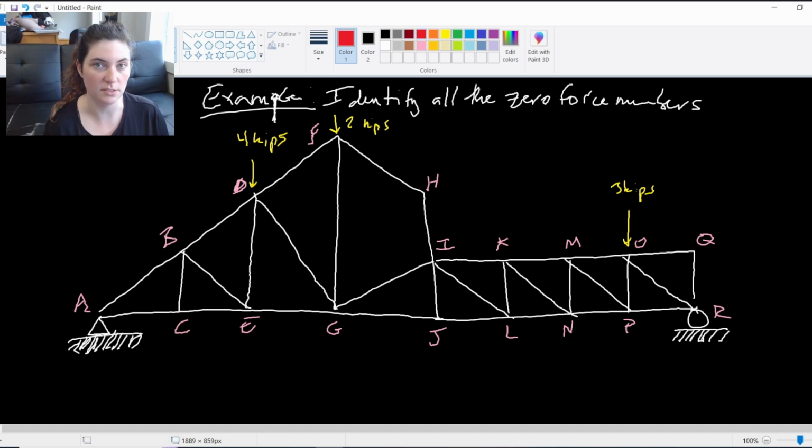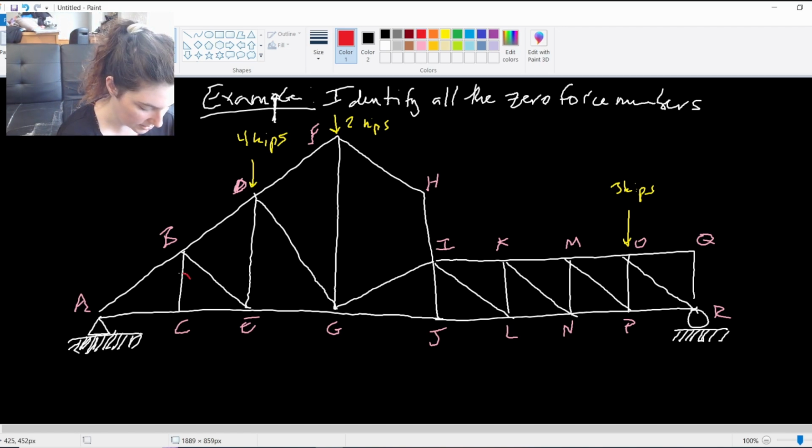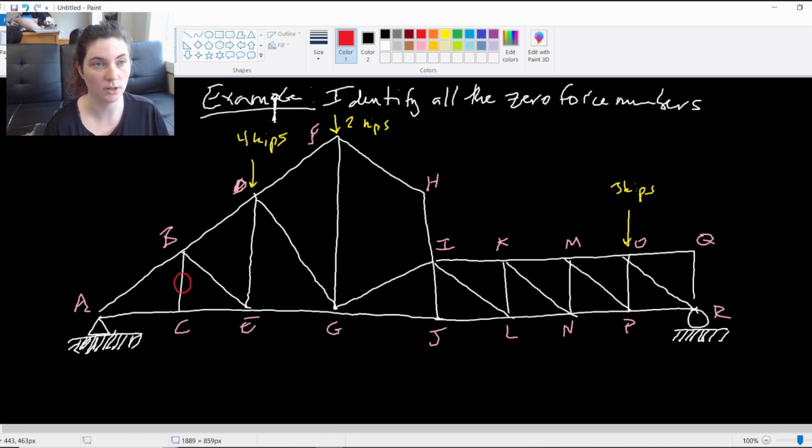So let's talk about the zero force members that we see in this truss. If I just start from the left-hand side and I look, immediately I come across joint C. At joint C, I've got those 2 members AC and CE meeting at joint C, and BC trying to intersect, but it's not going to be bearing any force because there's no load at point C. So BC is going to be a zero force member.